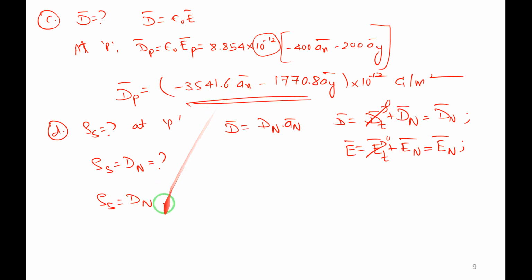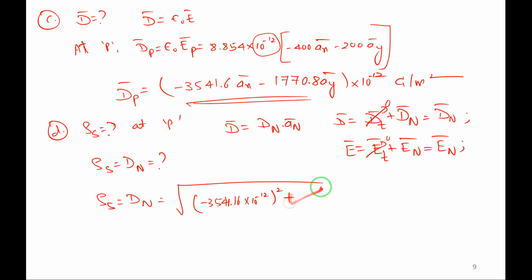Take the magnitude under root of this square plus this square, right? So Dn equal to under root of minus 3541.6 into 10 power minus 12 whole square plus minus 1770.8 into 10 power minus 12 whole square. You do this, you will get rho s.